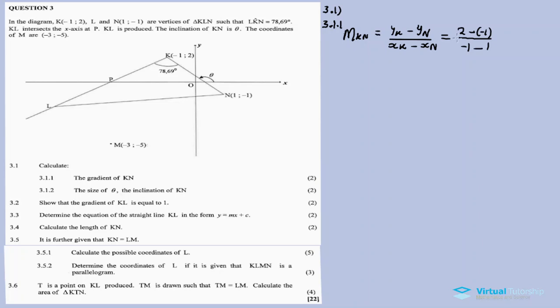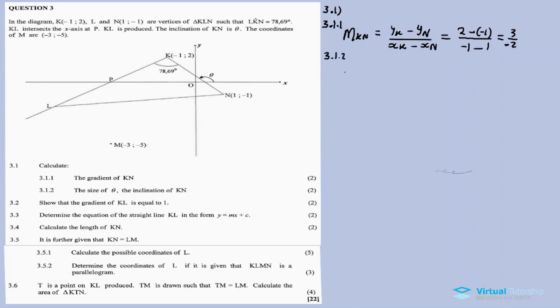So 2 subtract -1 is positive 3, divided by -2. So our answer is 3 over -2. This is our gradient.